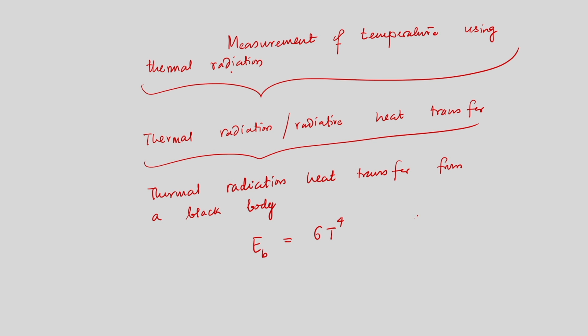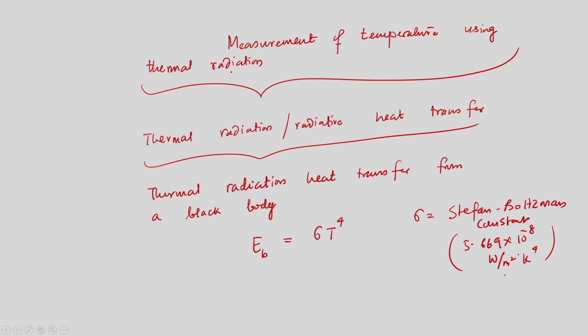Where sigma is the Stefan-Boltzmann constant, whose numerical value is 5.669 times 10 to the power minus 8 watt per meter square Kelvin to the power 4. E_B is the amount of thermal radiation heat transfer from a black body, and it is a function of temperature. That is what we can see from this relationship.